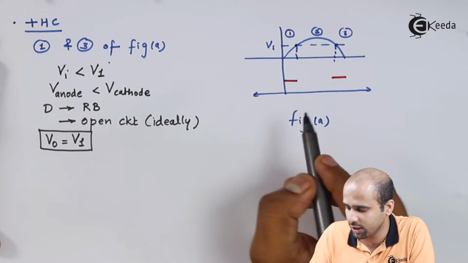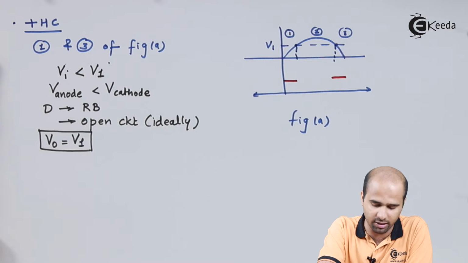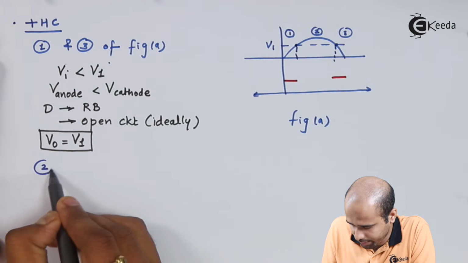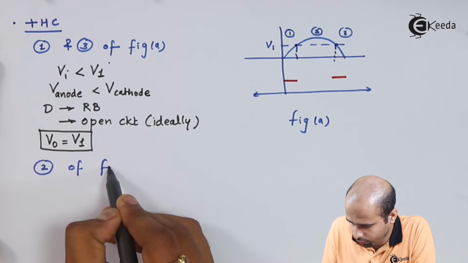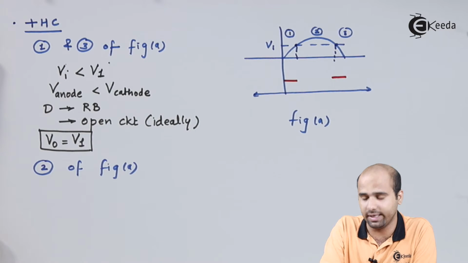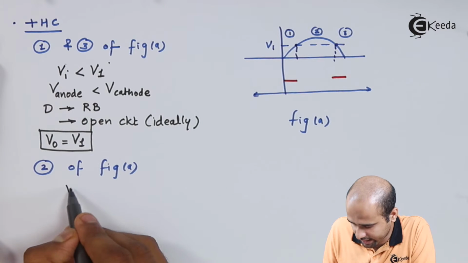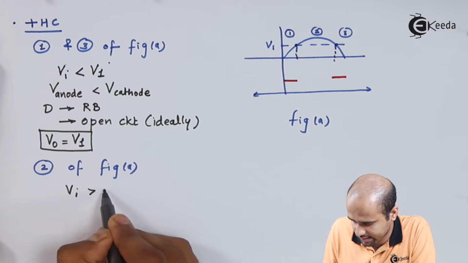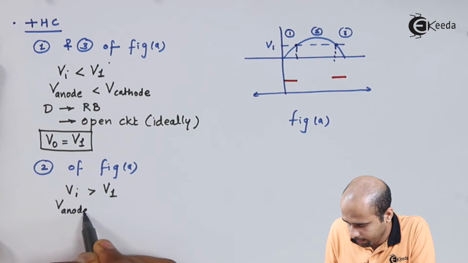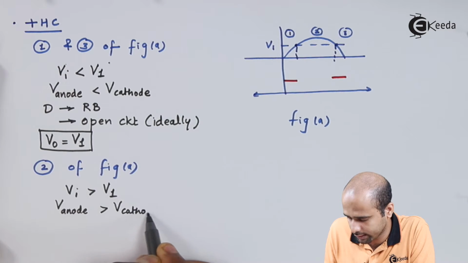Now we'll have to understand what will be the value in the remaining portion, that is the second portion of the input's positive half cycle. So in the second part of figure A, we will be getting Vi greater than V1. So exactly the opposite situation: Vi is greater than V1, and then the anode is positive with respect to the cathode.